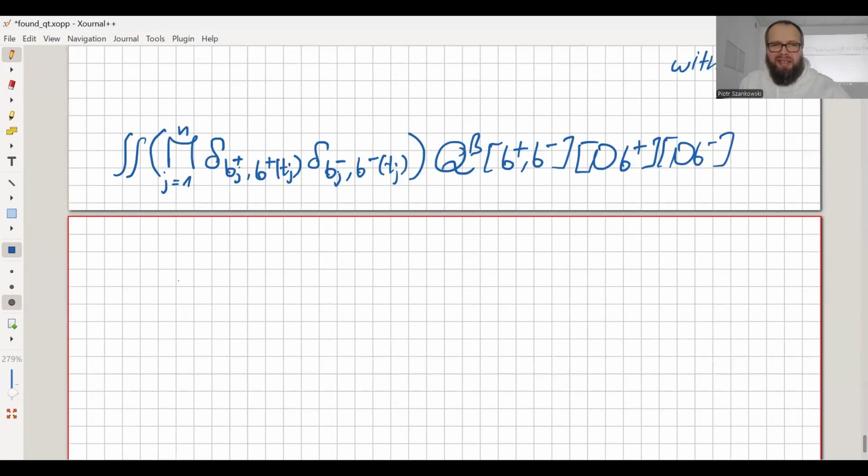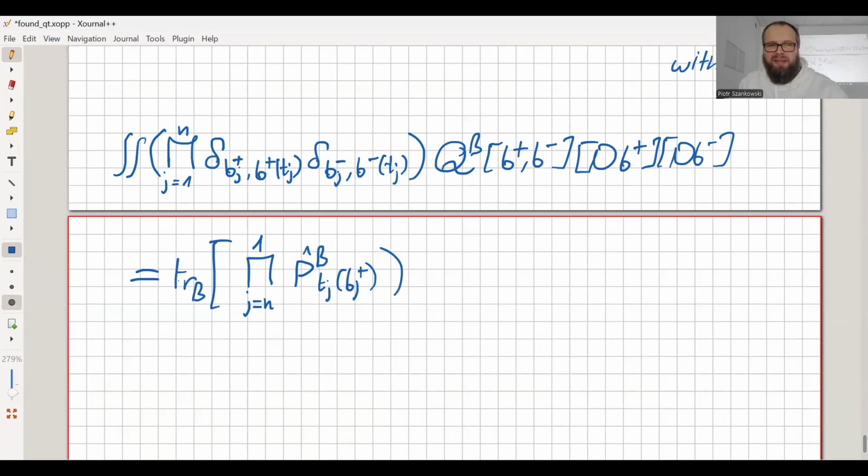And it is such that this restriction gives you the trace over B of the product of projectors P_B at t_j, b_j plus, rho_B, and b_j minus.